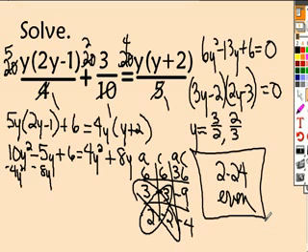Remember, there are a couple of examples in the book. Okay.